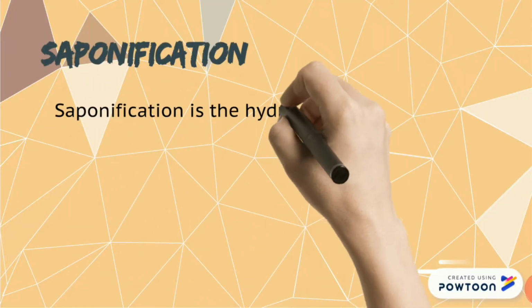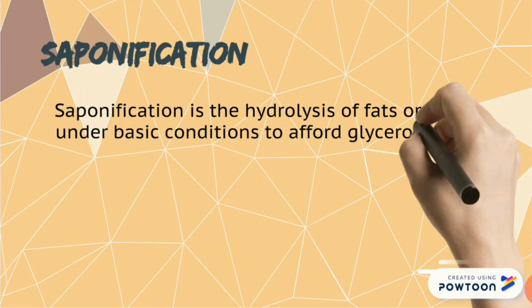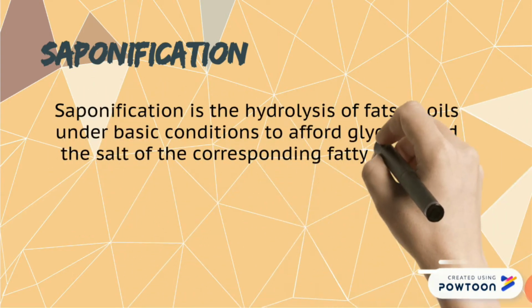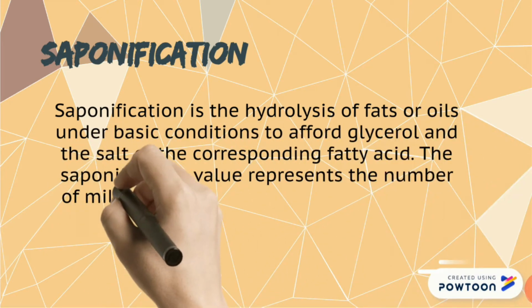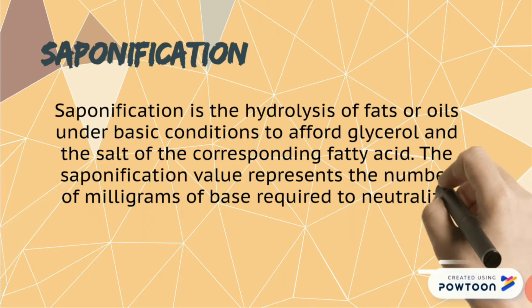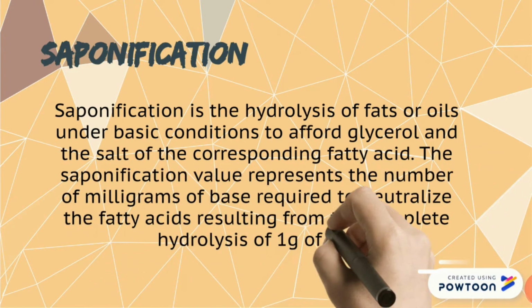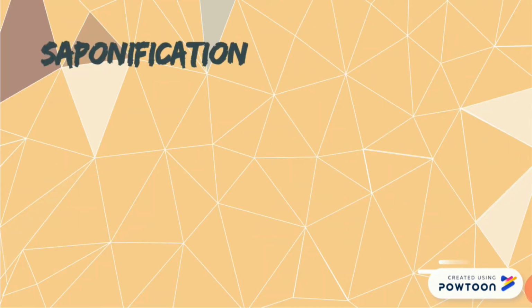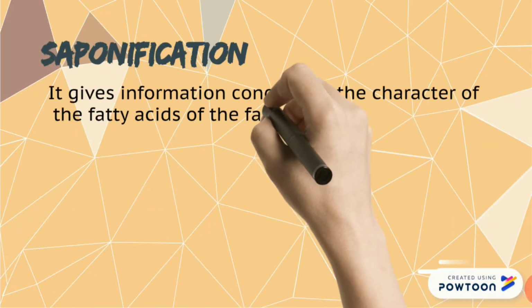Saponification is the hydrolysis of fats or oils under basic condition to afford glycerol and the salt of the corresponding fatty acid. The saponification value represents the number of milligrams of the base required to neutralize a fatty acid resulting from the complete hydrolysis of 1 gram of fat. It gives information concerning the character of the fatty acid of the fat.